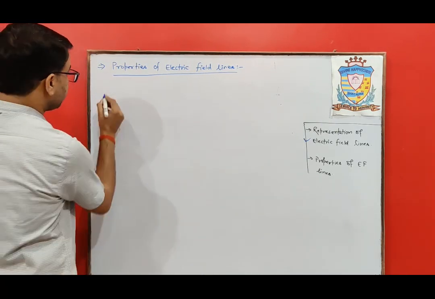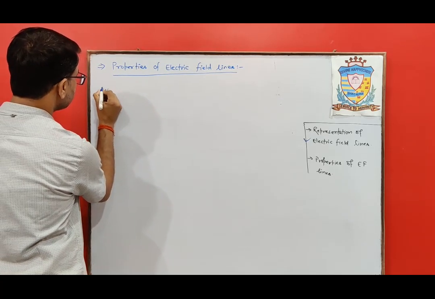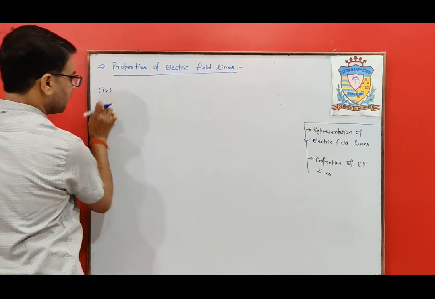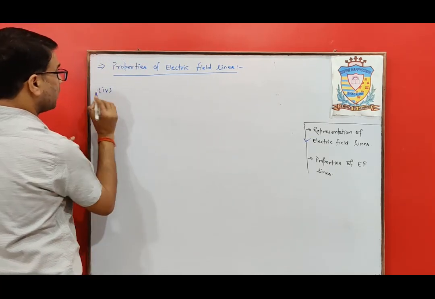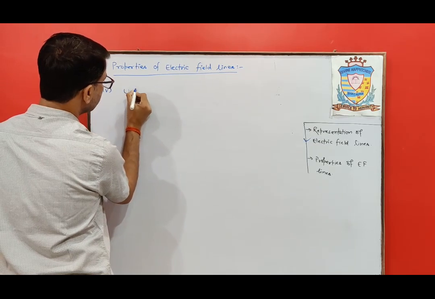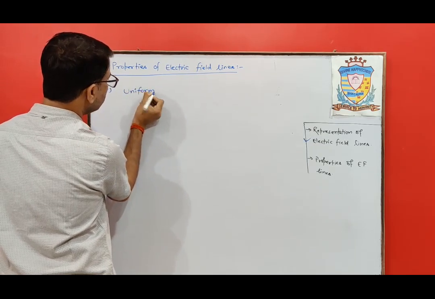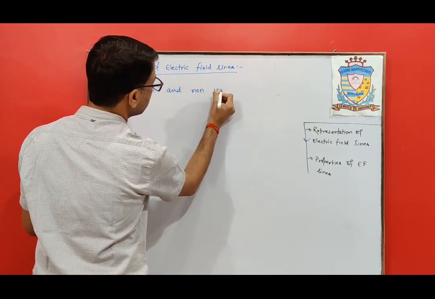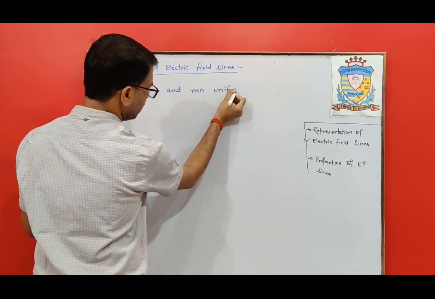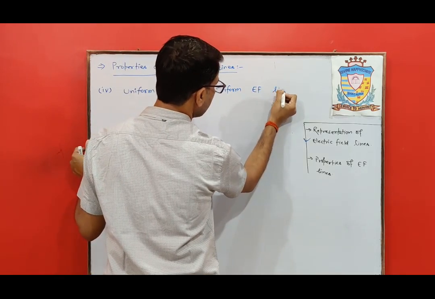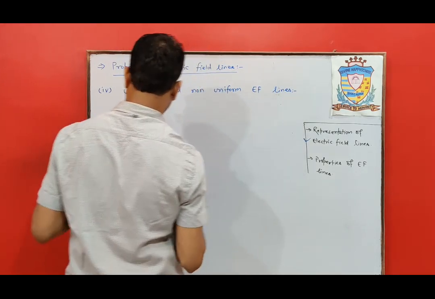Next, 4: uniform and non-uniform electric field lines.